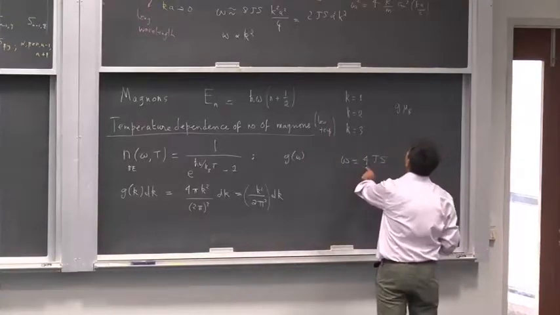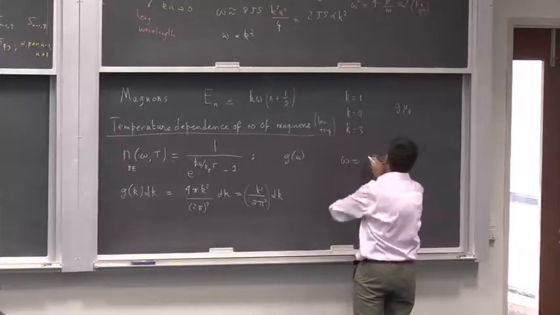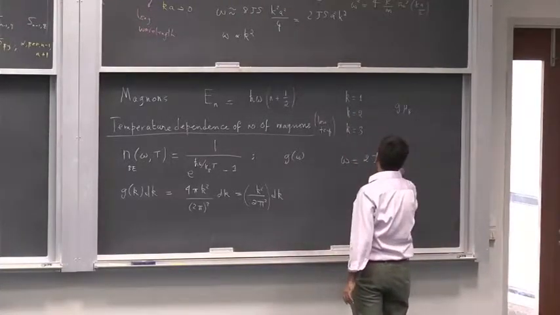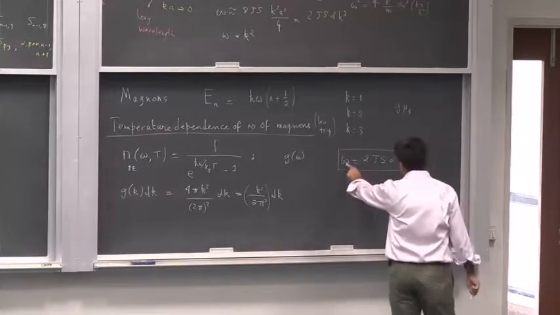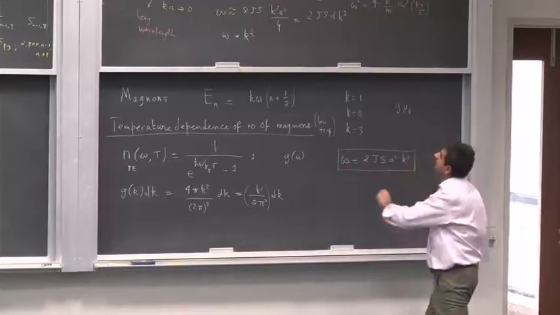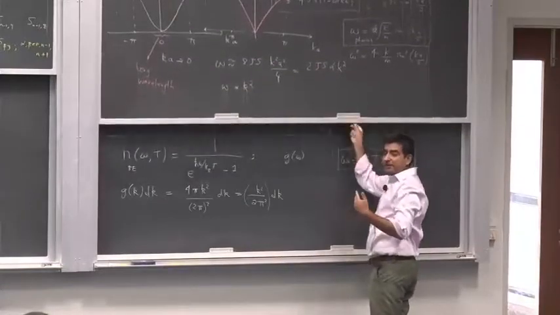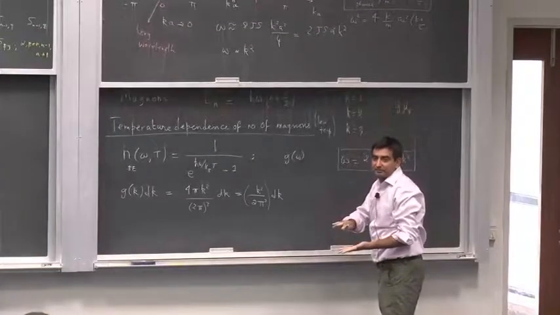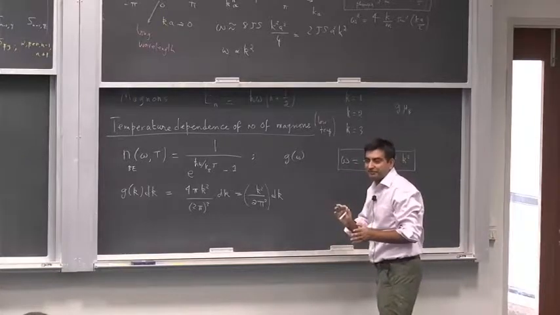So omega equals 2JS a square k square. This is my omega. So this defines the relationship between omega and k. So I'm using this expression in the long wavelength regime, which means I'm at really, really low temperatures.